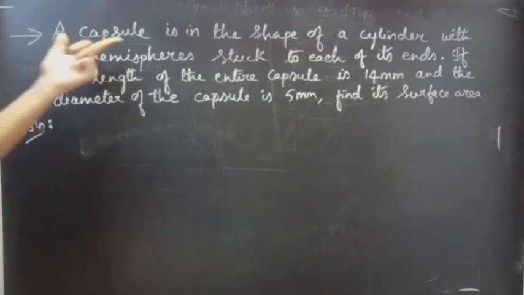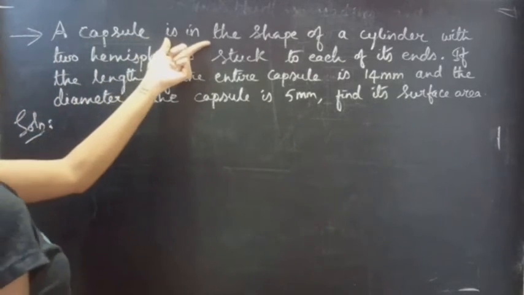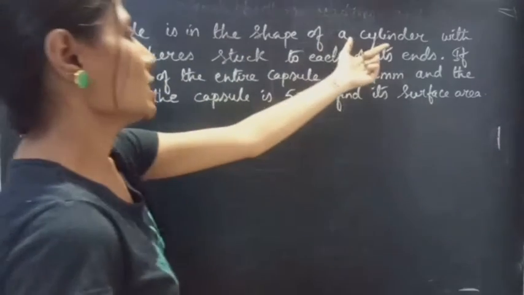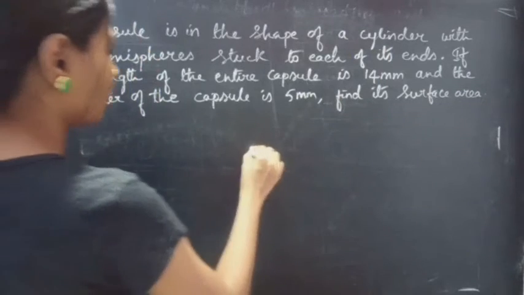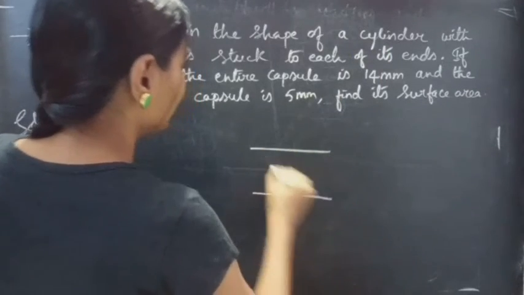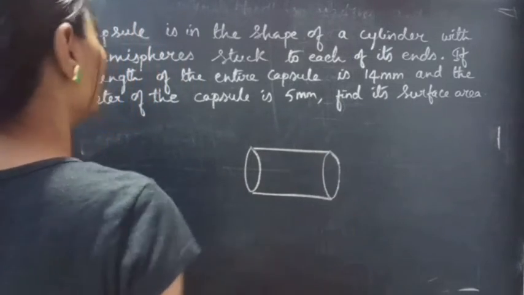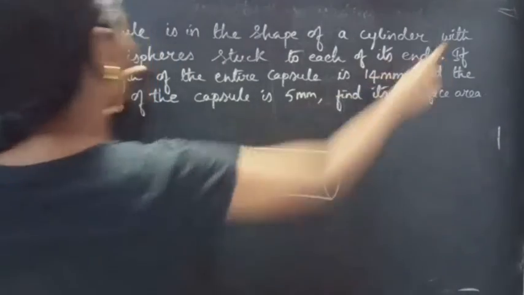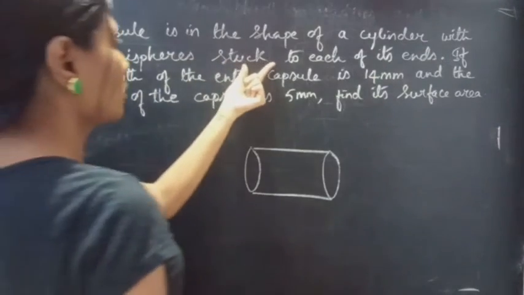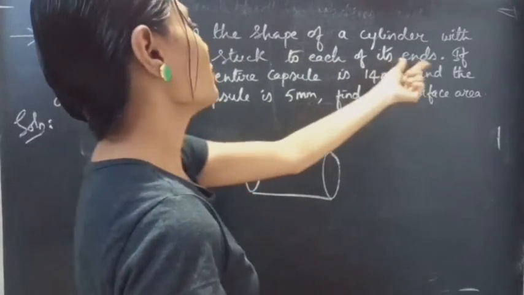Solution. We are given a capsule is in the shape of a cylinder with two hemispheres stuck to each of its ends.